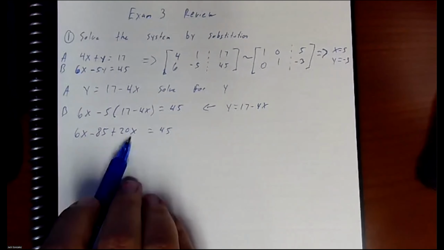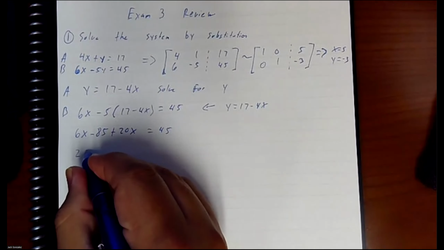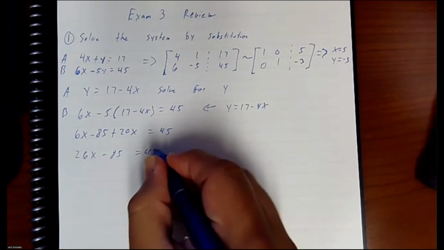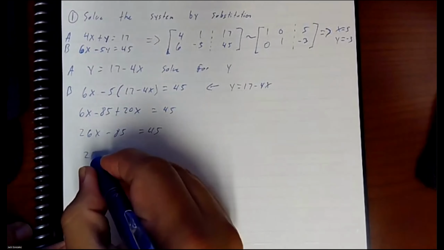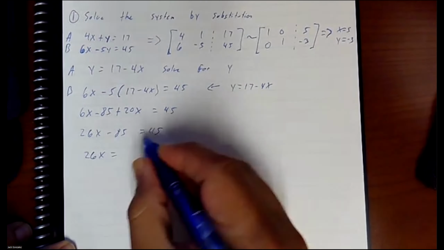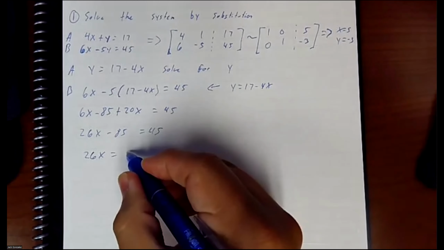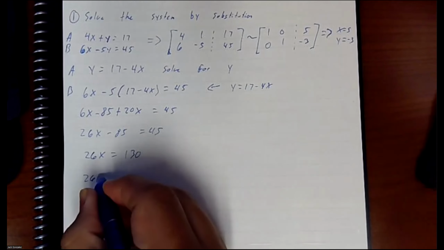So at this point, you only have x's. Add them together, you get 26x minus 85 equal to 45. Add the 85 over. 85 plus 45, that's going to be 130. Divide by 26.